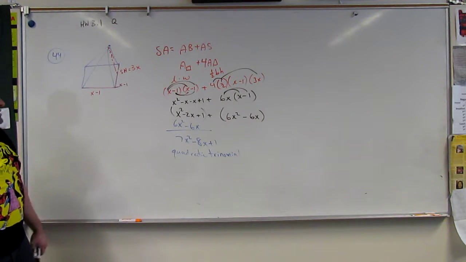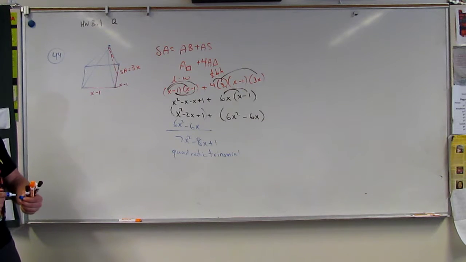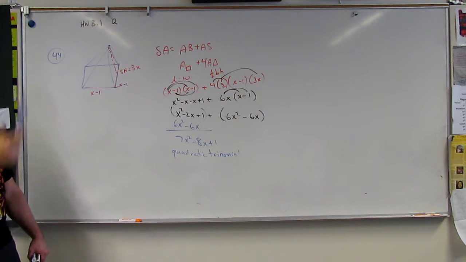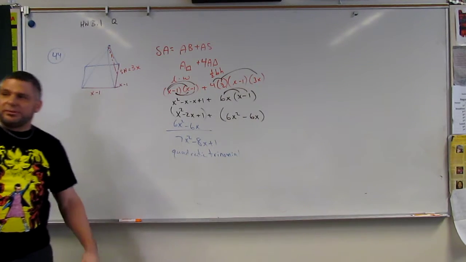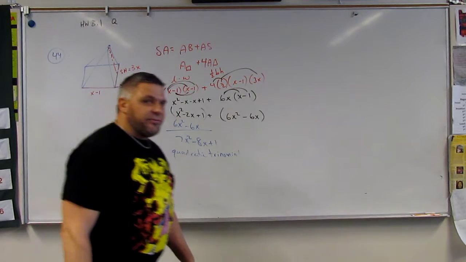Quadratic. Because it's a square, right? Yeah. Okay? So the square is a quadratic, so it's a quadratic trinomial. Okay. And that's 44.